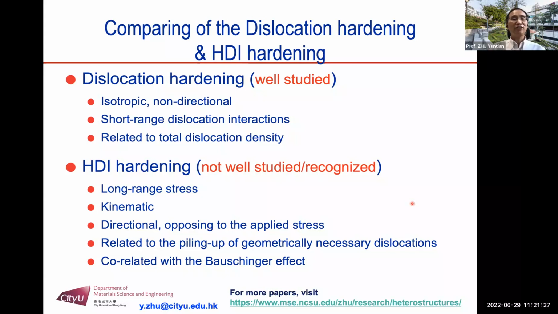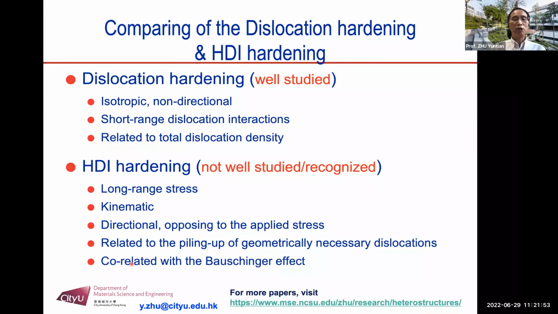On the other hand, IGDI hardening is not well studied, which is good for us researchers. It is caused by long-range internal stress. It's kinematic, so this is directional. This stress is opposite to the applied stress. It's related to pairs of GNDs only.